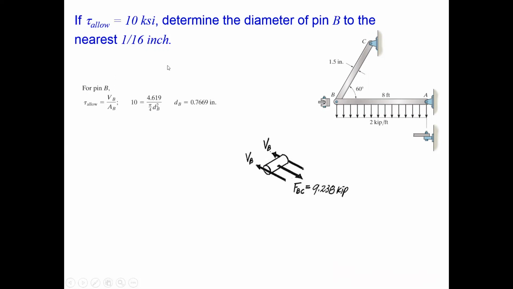Now we have to go back to the original problem, and we have to think about what we're doing here in a design setting with the allowable stress. And it's very important that you pay attention to this particular part of the problem. We cannot allow our pin to ever have a stress larger than 10 KSI.